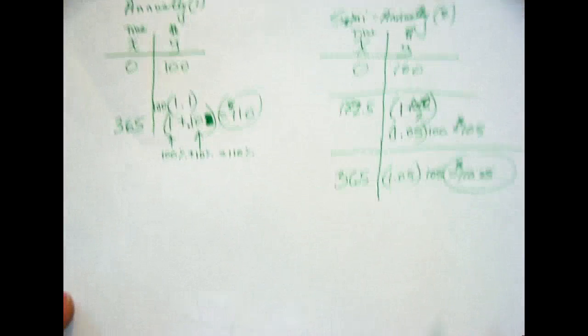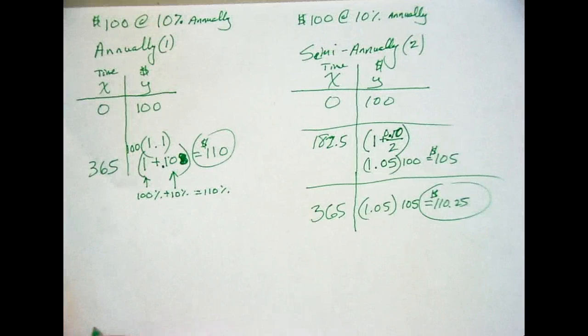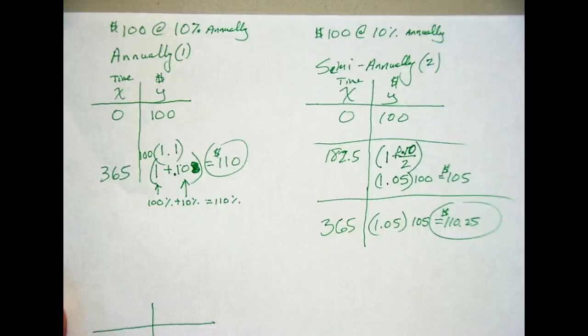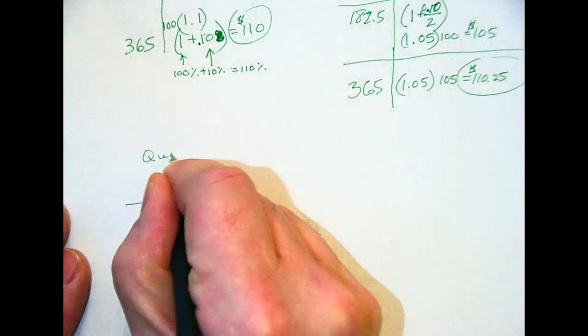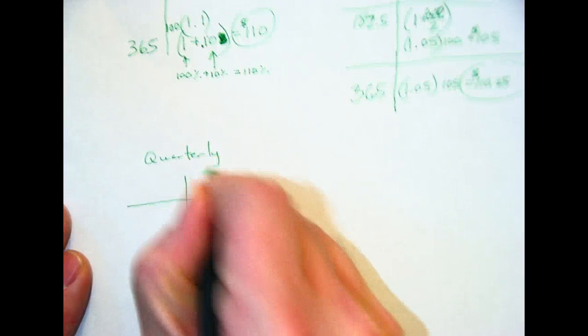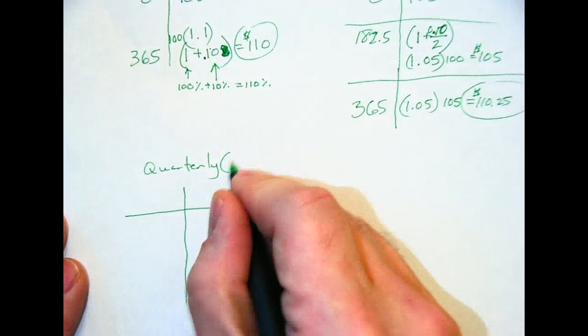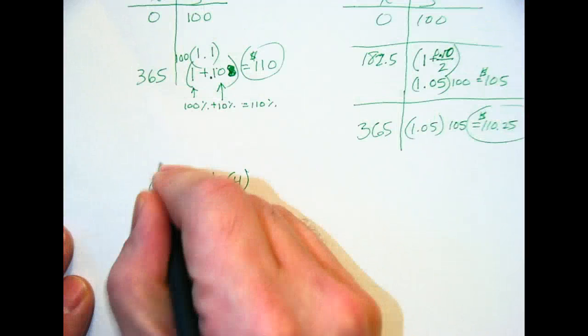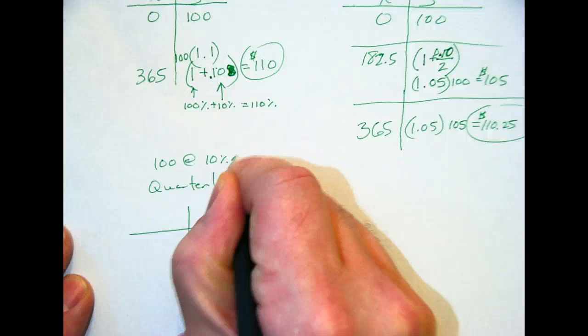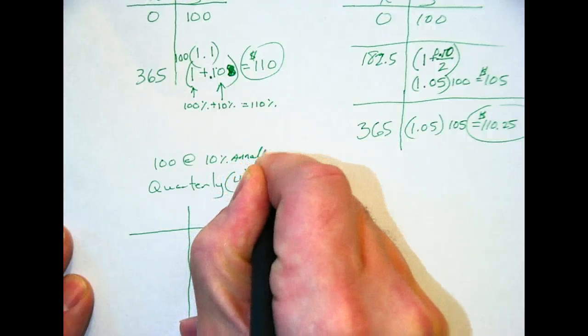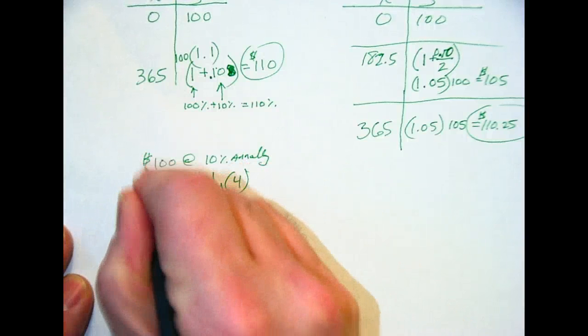All right, well, let's say we don't go semi-annually. Let's go with this other one called quarterly. Quarterly is how many times? 4 times. So we're still at 100 at 10% annually. But this bank that you have found is going, hey, dude, we'll do it quarterly.